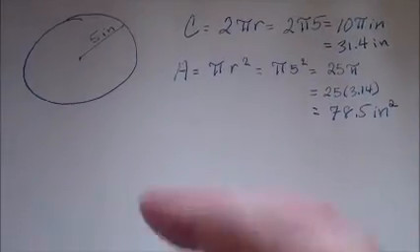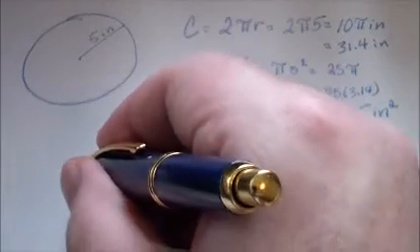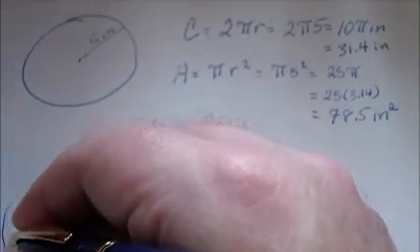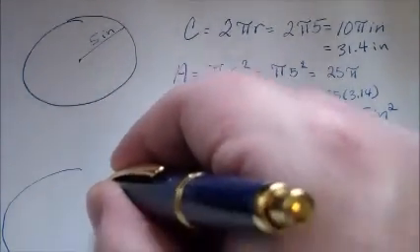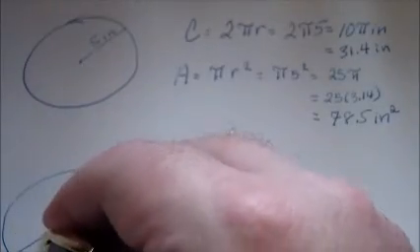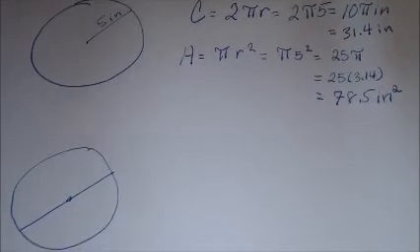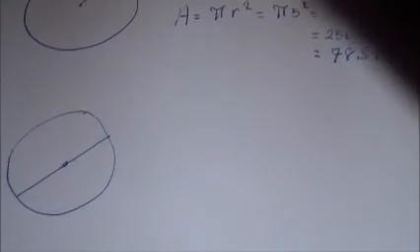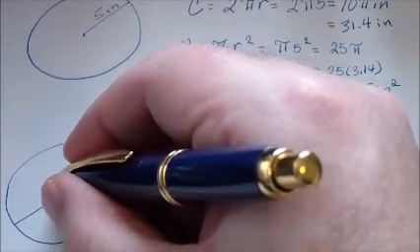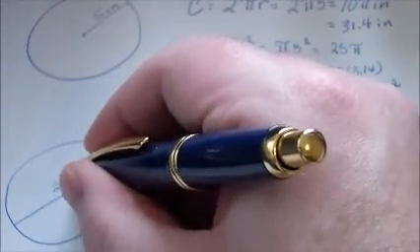Another case is, instead of being given a radius, we are instead given a diameter. And let's say that the diameter is 20 feet.